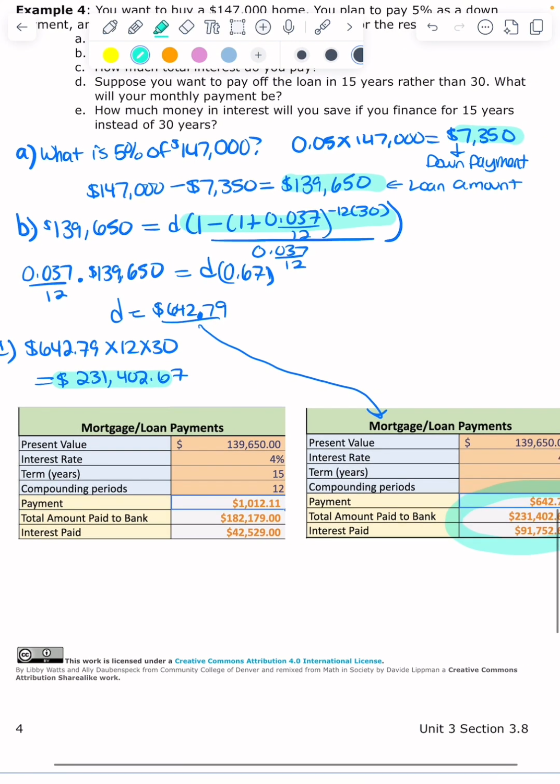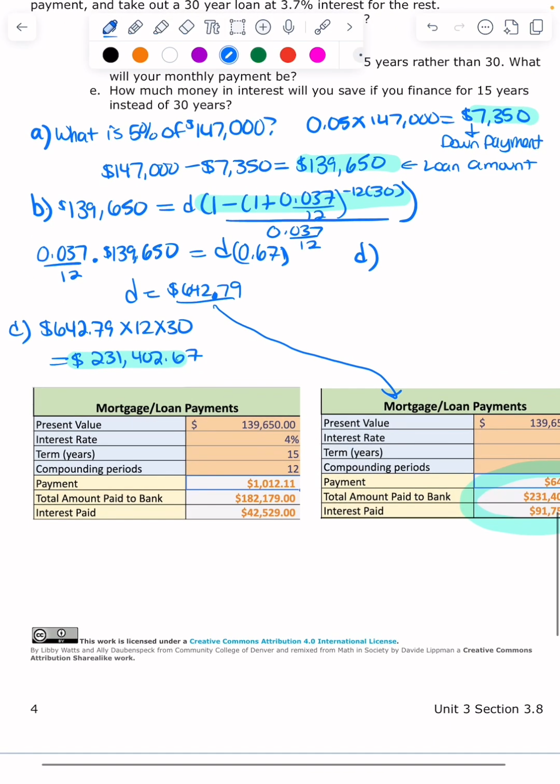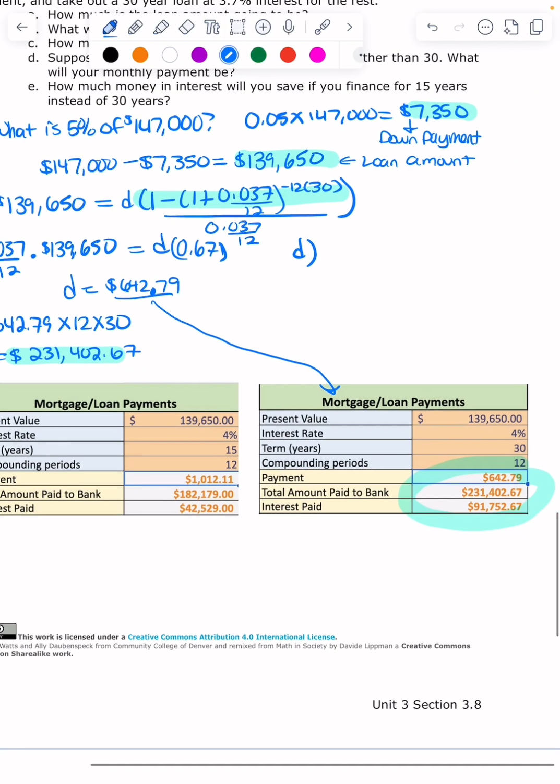D, suppose you can pay it off in 15 years instead of 30. What will your monthly payments be? So the monthly payments are going to go up because you have half the time to pay it in. So what you're going to do is just change the 30 to 15.